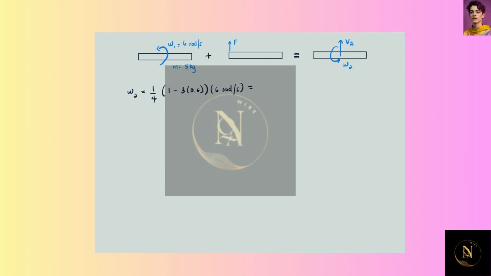So we'll get negative 1.200 radians per second. The negative sign here indicates the direction. Therefore, we say that omega sub 2 is equal to 1.20 radians per second clockwise.